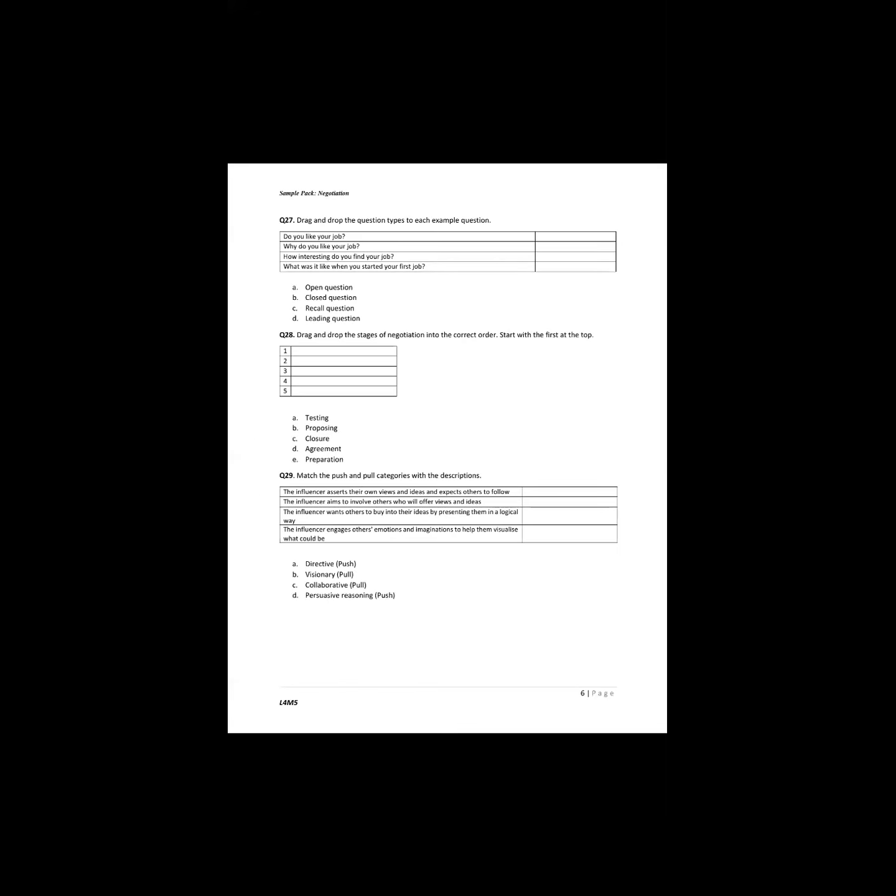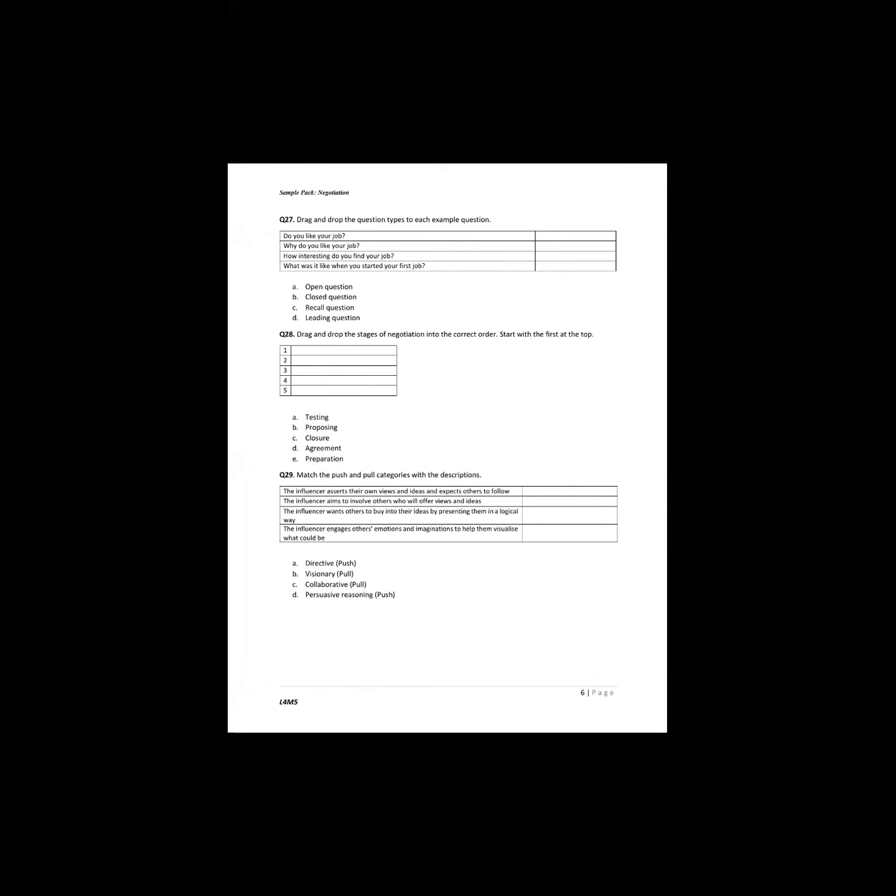Okay. The next question, question 27, is still drag and drop. We are looking at types of questions. Christian, do you get this type of question? Yes. Okay.